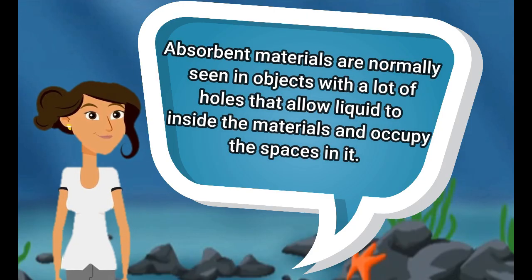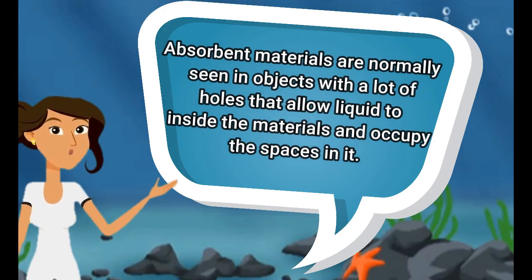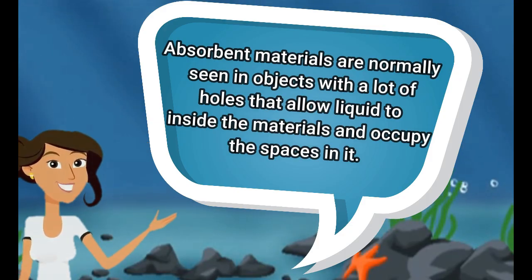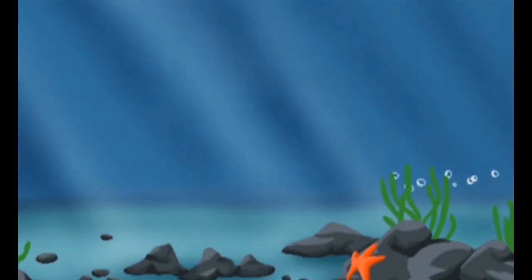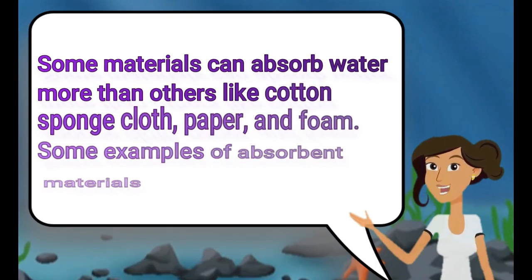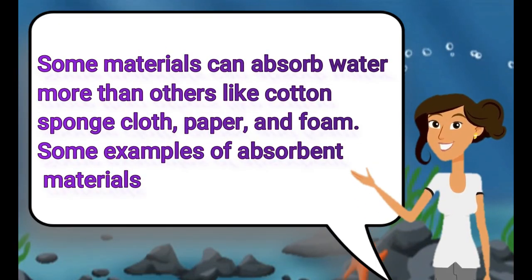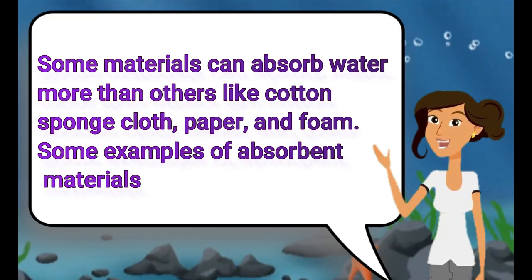Absorbent materials are normally seen in objects with a lot of holes that allow liquid to get inside the materials and occupy the spaces in it, just like the sponge. As you look at the sponge, you will notice that there are lots of holes in it. Some materials can absorb water more than others, like cotton, sponge, cloth, paper, and foam.